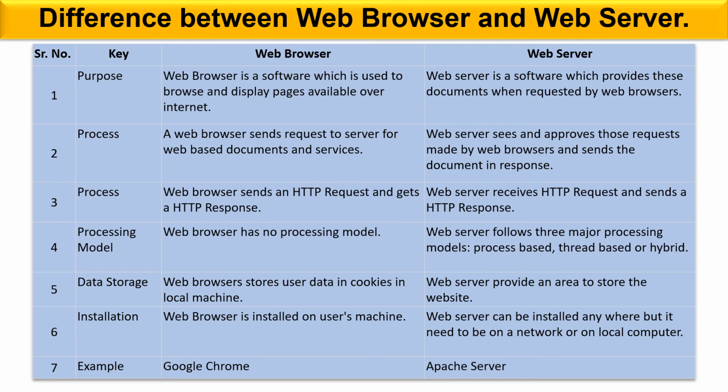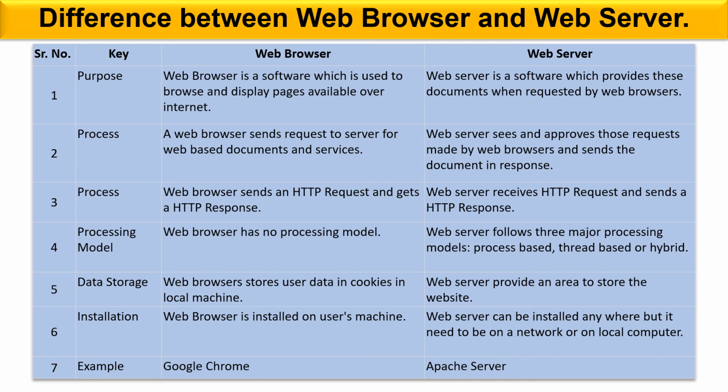The second is the process. A web browser sends a request to the server for web-based documents and services, maybe images, maybe text, etc. On the web server side, the web server receives and approves those requests made by the web browser and sends the document in response to the web browser.